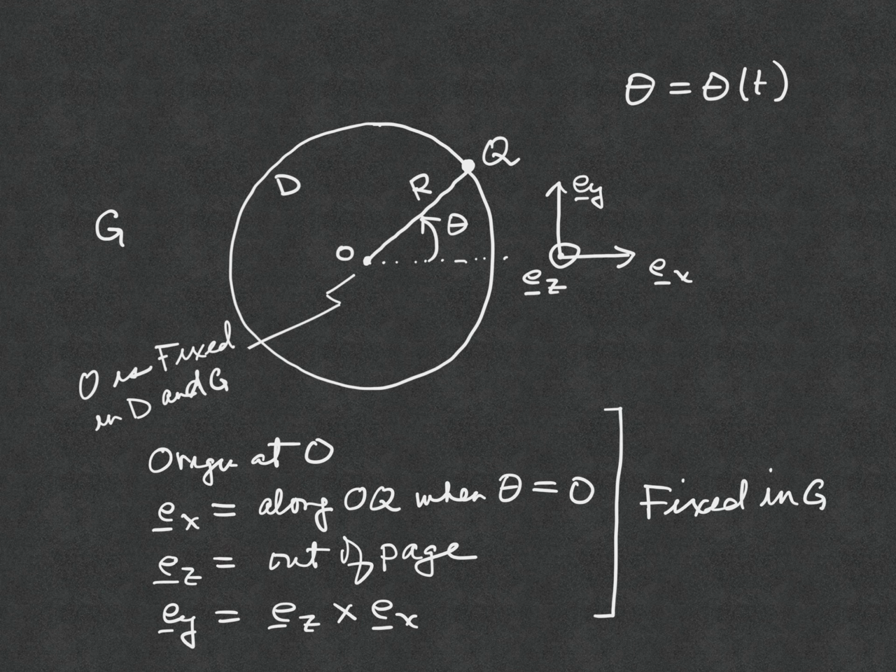Now before I introduce my second coordinate system, because I am going to introduce a second coordinate system, let's express the position of Q relative to O. So here's what we're after in this problem.